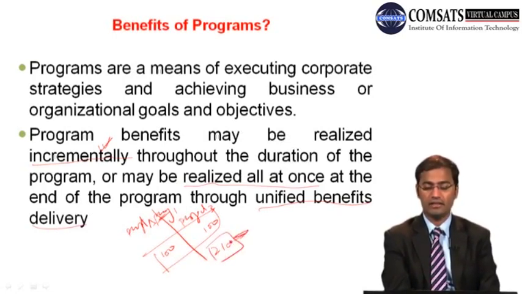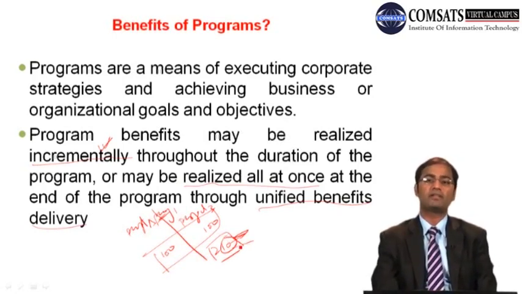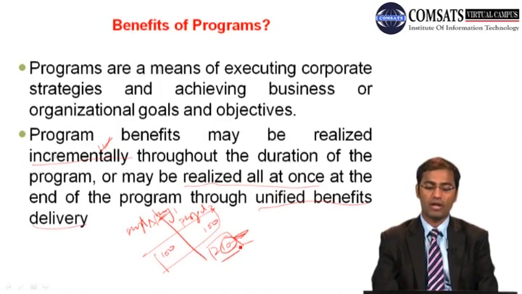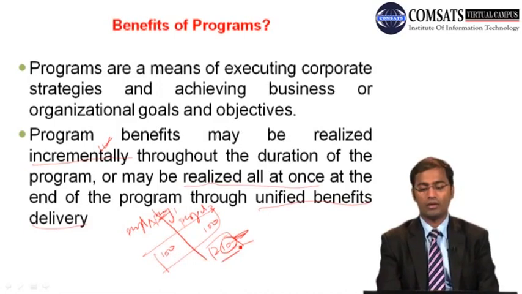In that case, this 10 is the benefit of the program. So benefits may be of 2 types as far as programs are implemented: benefits are realized incrementally, or through the unified benefit delivery system.